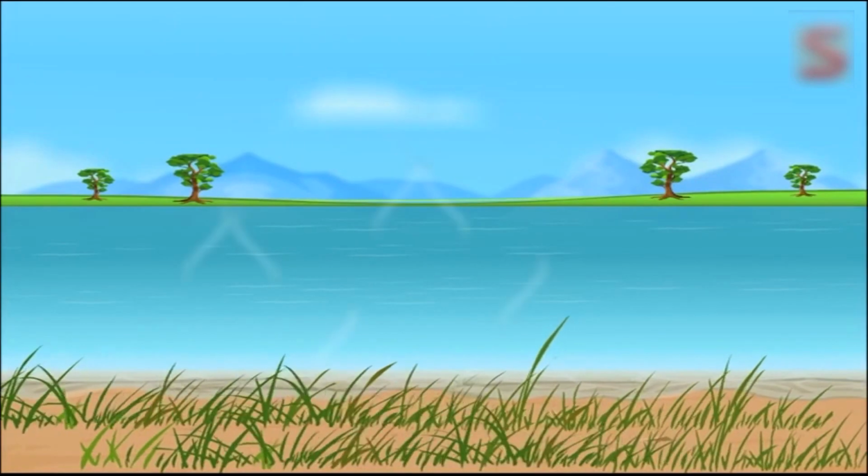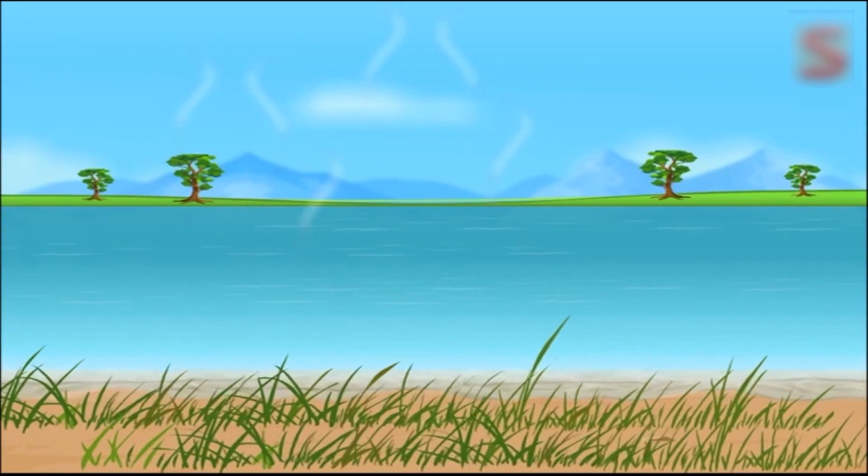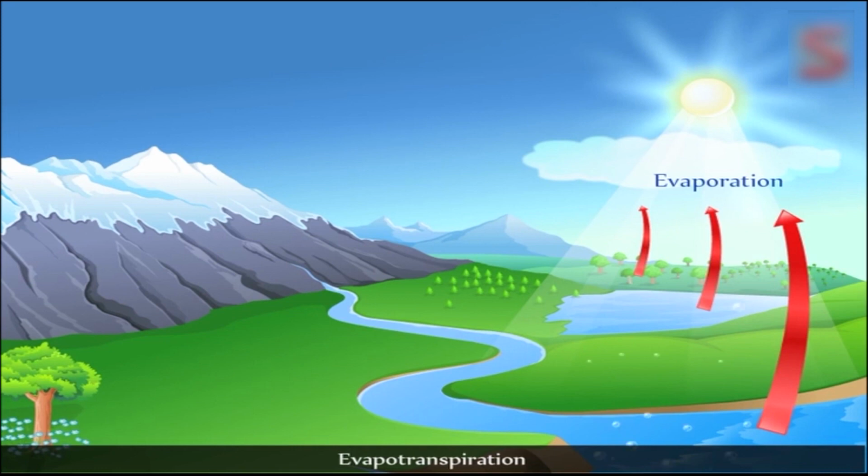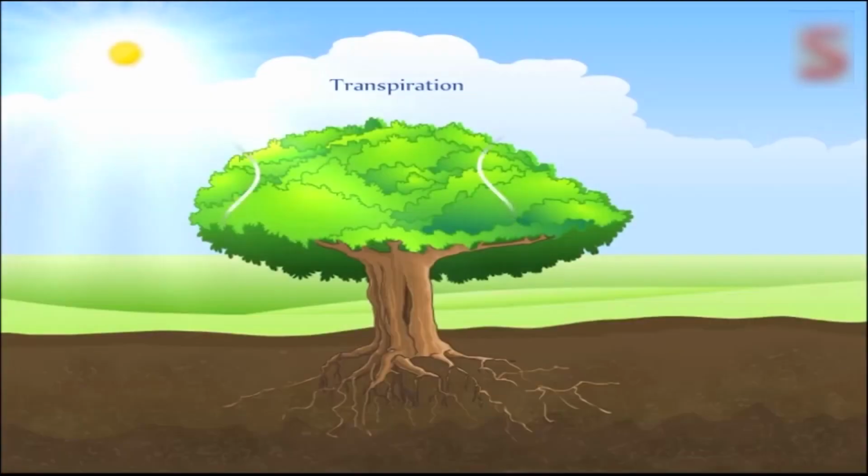This is a natural process in the various water bodies like lakes, rivers, seas, etc. In addition, living things release water into the atmosphere through the process of breathing, which is known as transpiration. Then, what do you think evapotranspiration is? Evapotranspiration is the total amount of water that is added to the atmosphere by evaporation and transpiration.